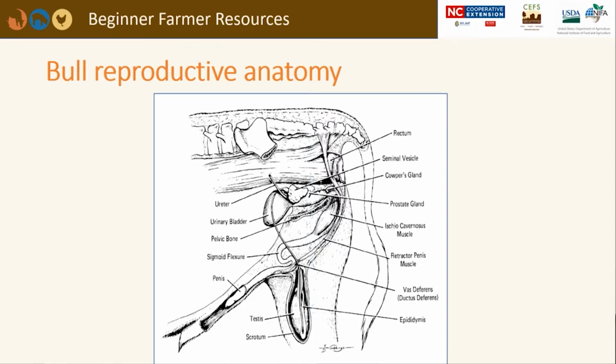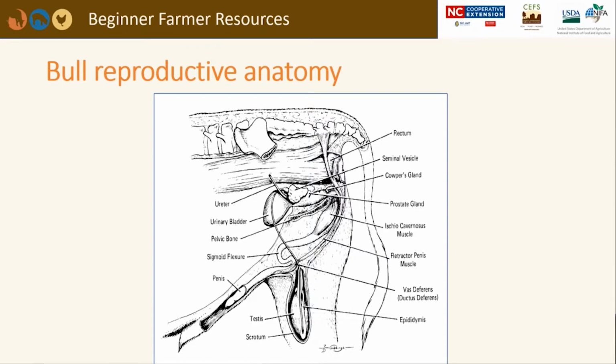You'll notice the penis on the bull has what we call the sigmoid flexure, so that it actually has an S-shaped curve in it, and it remains quite erect most of the time, and only comes out when that S-shaped curve is straightened out. So a little bit different than the anatomy of other animals.